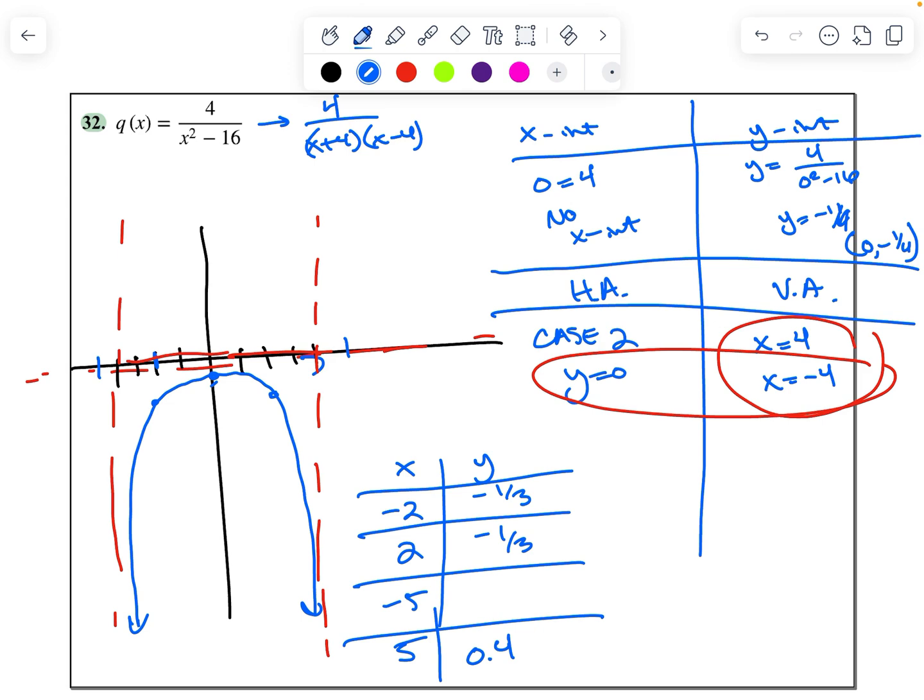And if I do negative 5 squared minus 16, I also get 0.4. And so this is above the axis, not quite to 1. I could plug in more numbers if I wanted to, but I think I've got a good enough idea of what's happening here. This is going to follow those. This one's going to follow those. And that's what my rational function looks like.